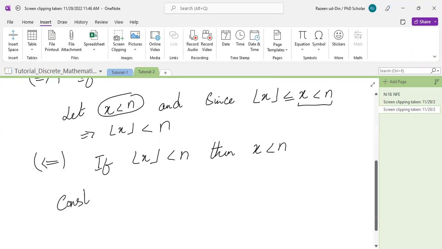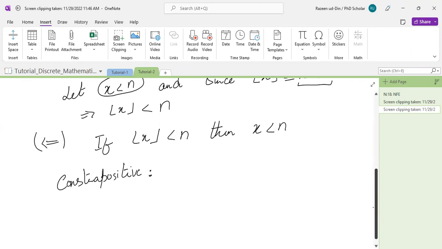Okay, contrapositive. I'm using the contrapositive statement to prove it because this is very easy, as you will see in the next few lines. So what's the contrapositive of this statement? This is P and this is Q, right?